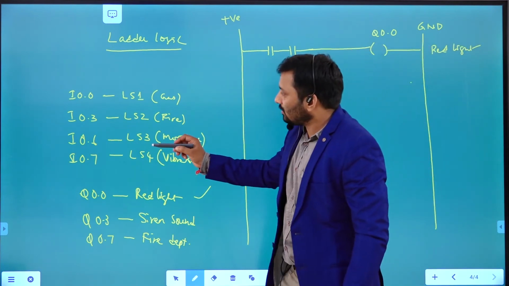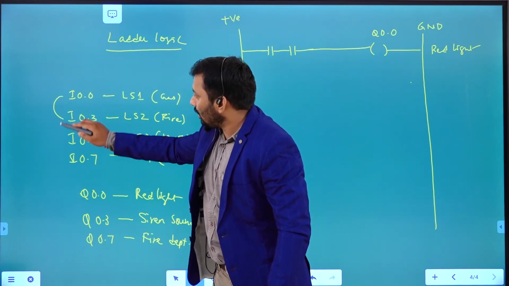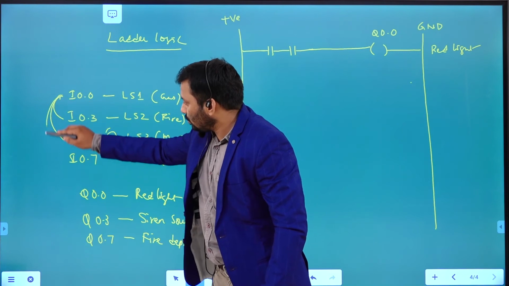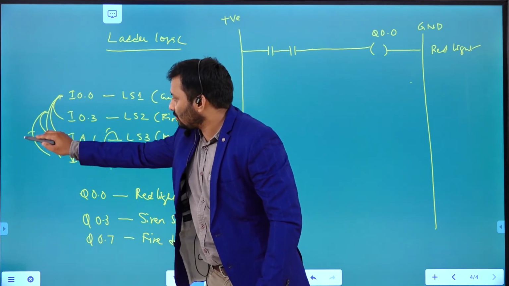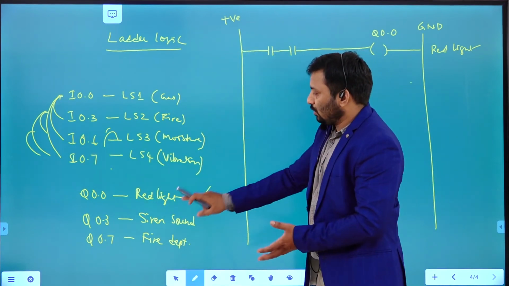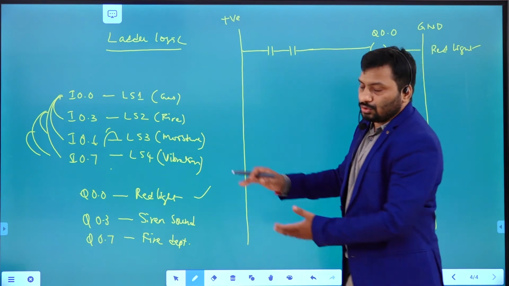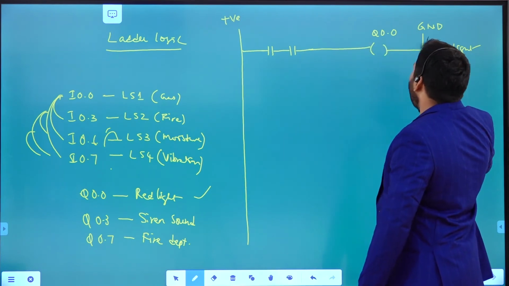Any two inputs means among these four, you can say these two, or these two, or these two, or these two, or these two, or these two, right. These are the combinations. Any two inputs are high, this should indicate the red light. This red pilot light should be on, right.